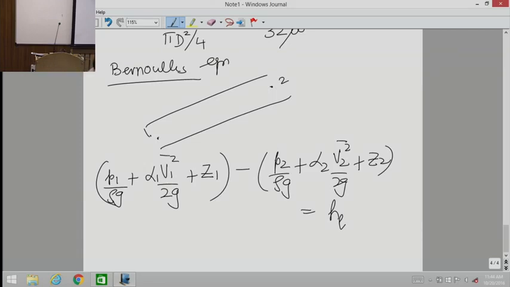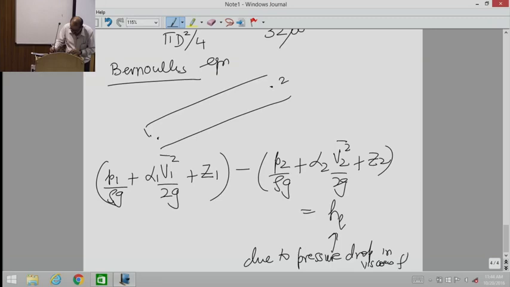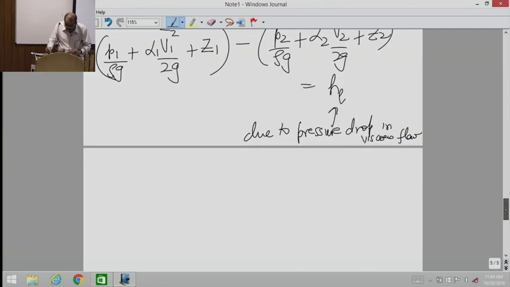So this is how we account for it. These head losses are basically due to pressure drop in viscous flow. So this is basically an engineering version of Bernoulli's equation. Here let me also mention a couple of things.